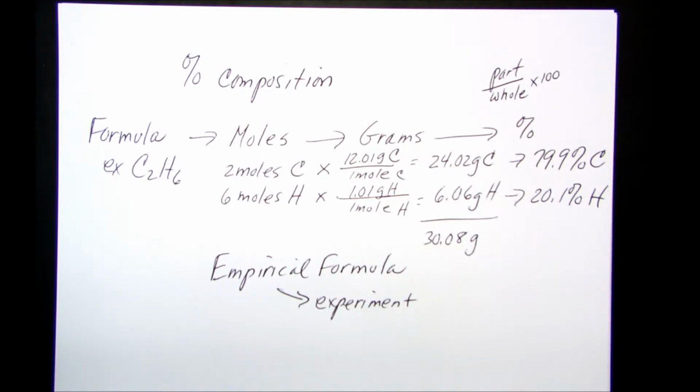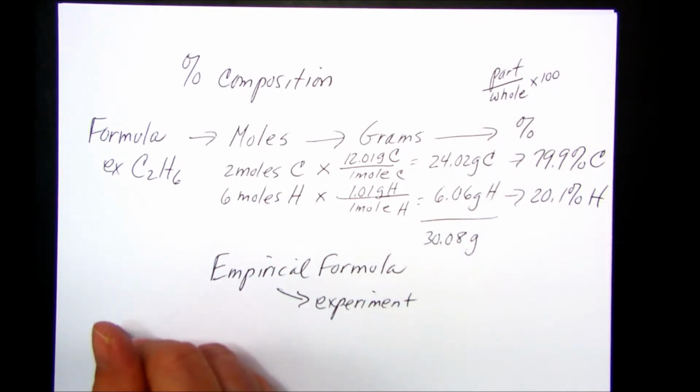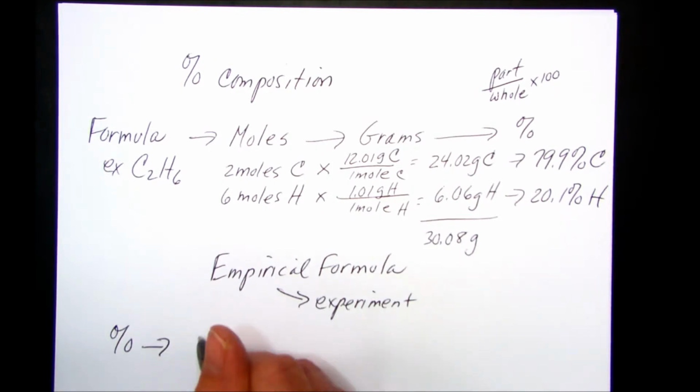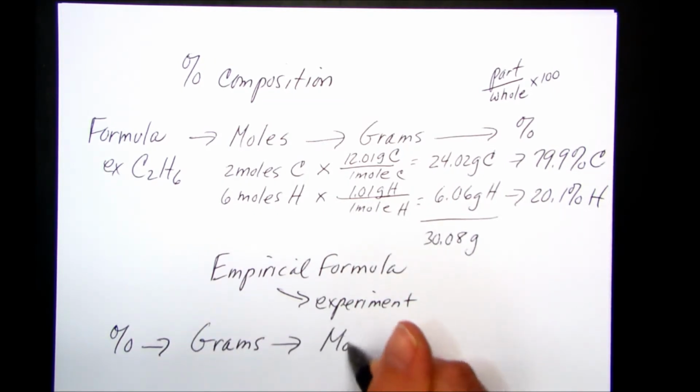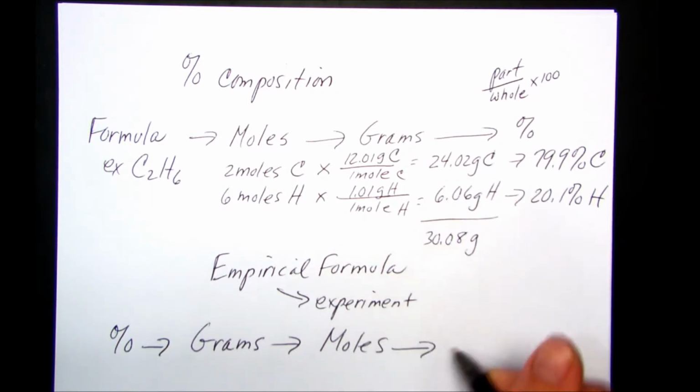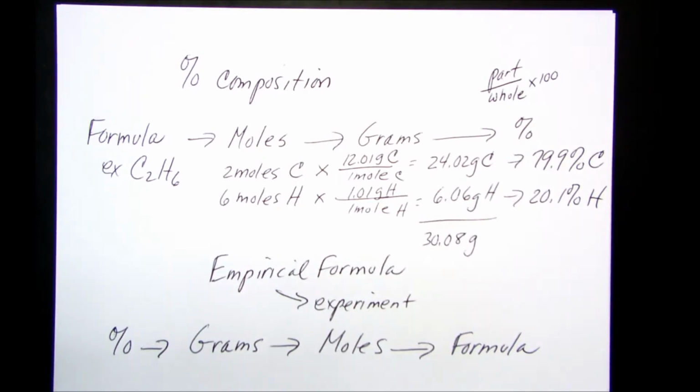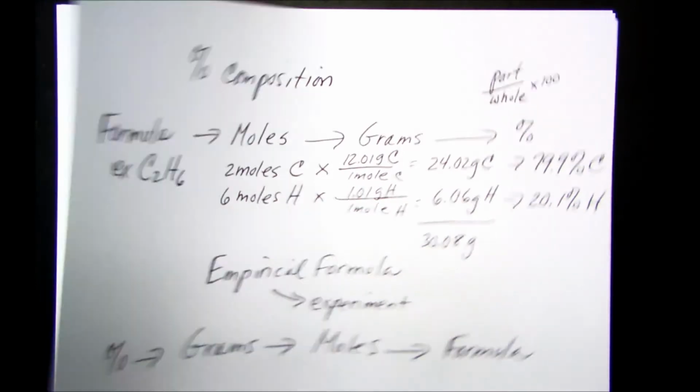So like I said in the beginning, if we have the percentages, we're going to work backwards from percent composition to the formula. If we have the percent, we're then going to calculate the grams. From the grams, we can convert to the moles, and from the moles, we'll get a formula. Let's have an example problem for an empirical formula.